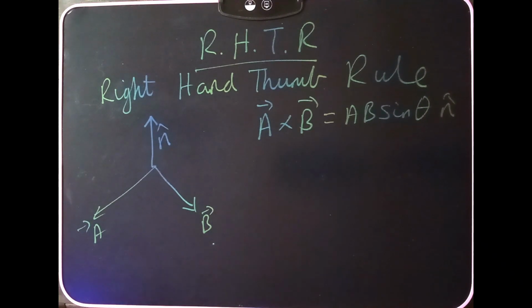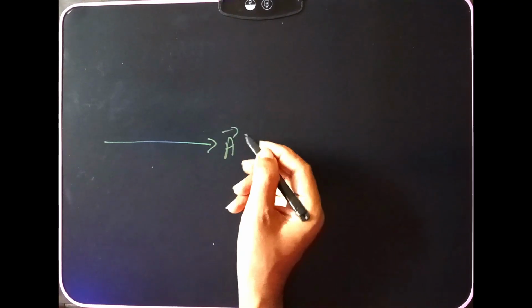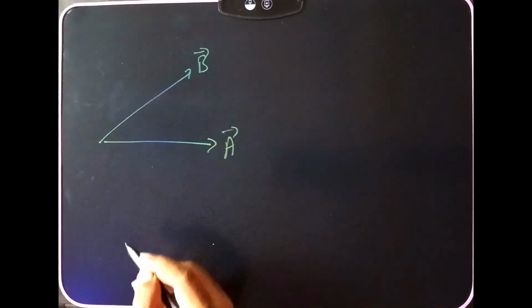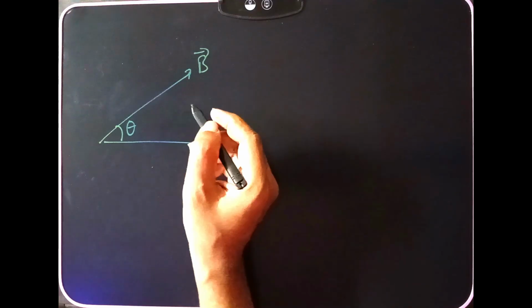Let us take it to the next level of depth. We have a vector A and we have a vector B, and this is the theta angle between them.